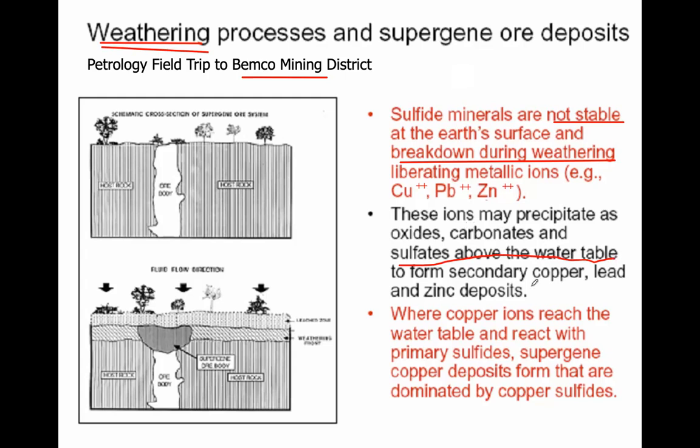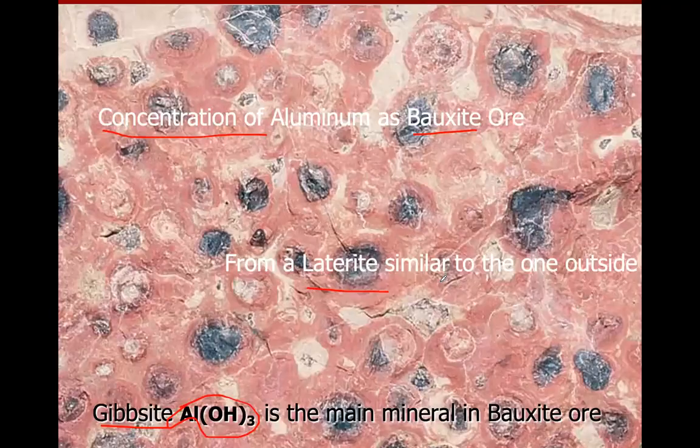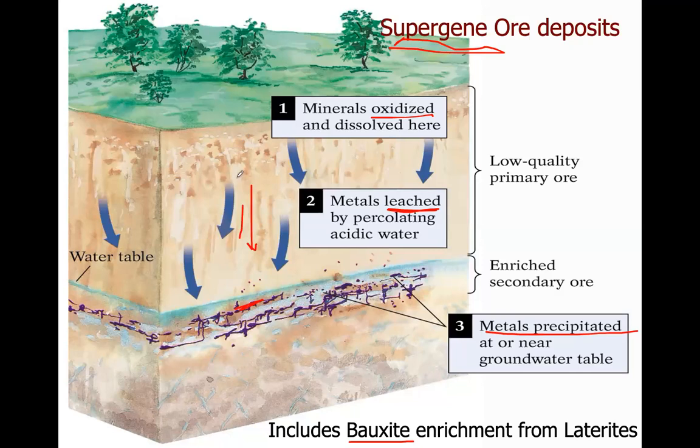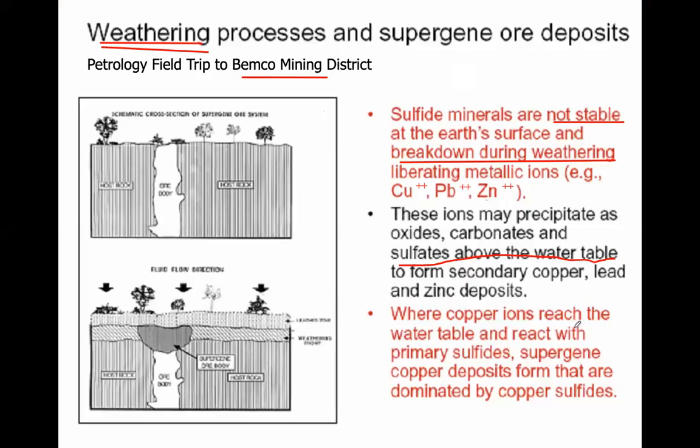So they get leached from the surface due to water activity or percolating water activity, and concentrate into secondary deposits, secondary copper deposits, secondary lead deposits, or secondary zinc deposits, right? So they form secondary or supergene type deposits, which are different from primary copper or primary lead zinc deposits, which we talked about previously. Okay.